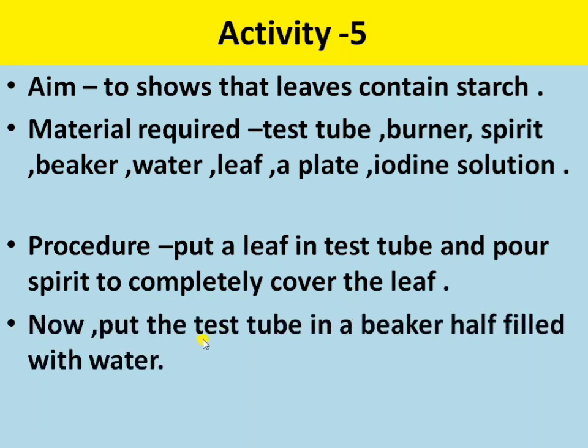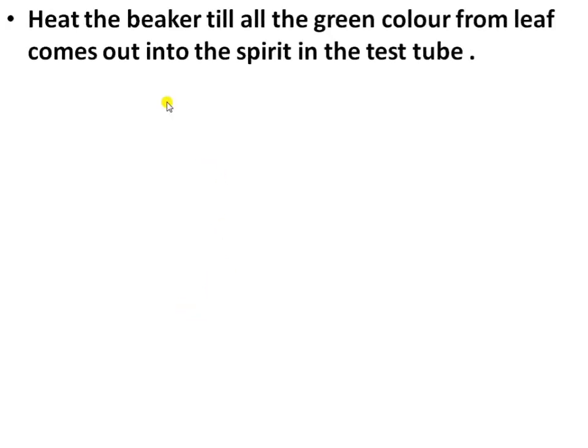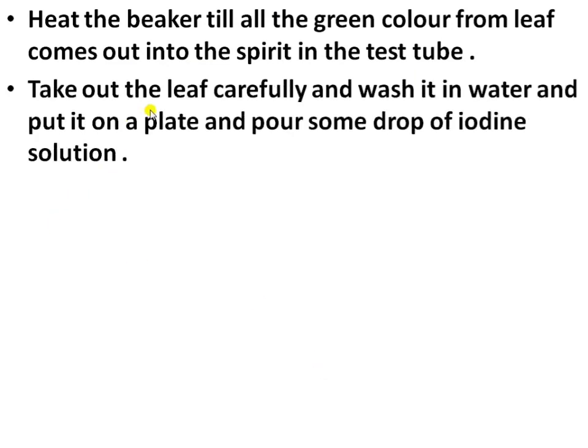Then put the test tube in a beaker half filled with water. Then heat the beaker till all the green color from the leaf comes out into the spirit in the test tube. Then take out the leaf carefully, wash it in the water, put it on the plate and pour some drops of iodine solution on the leaf.